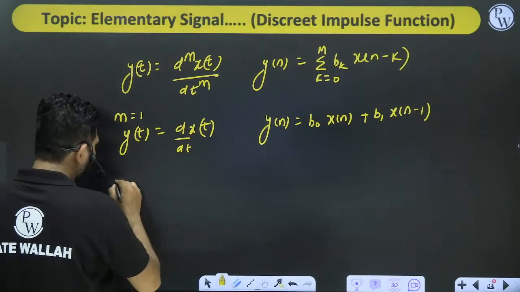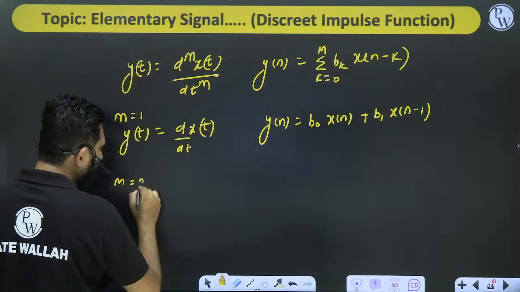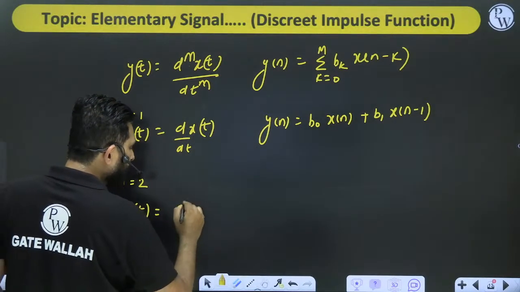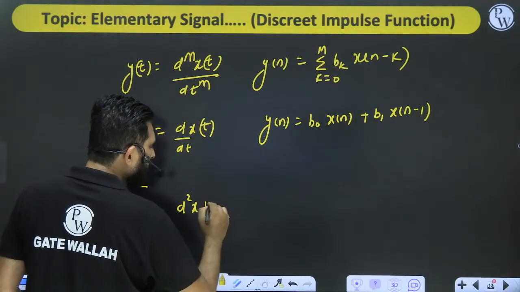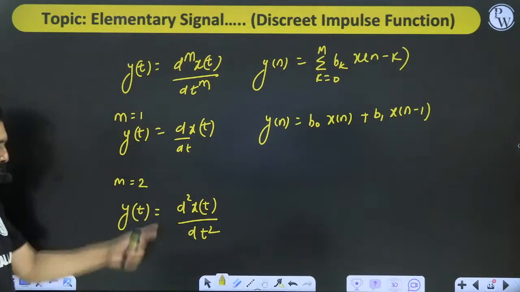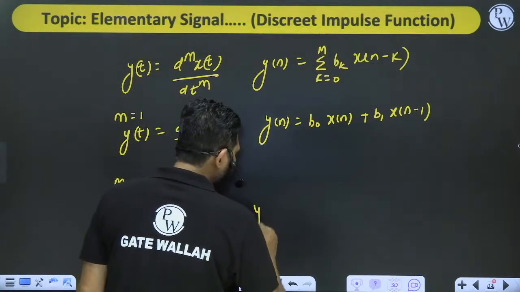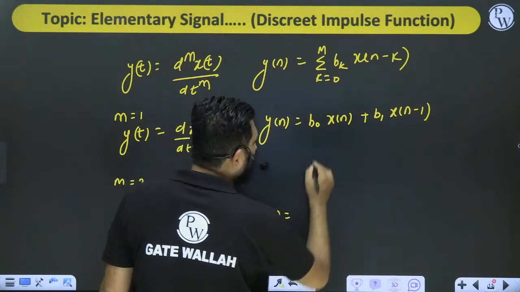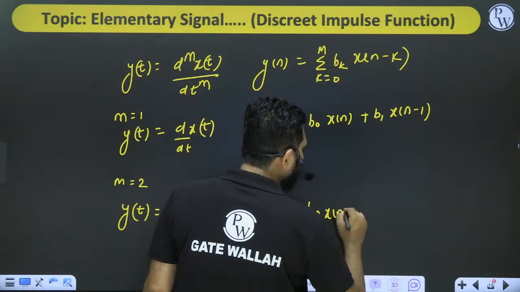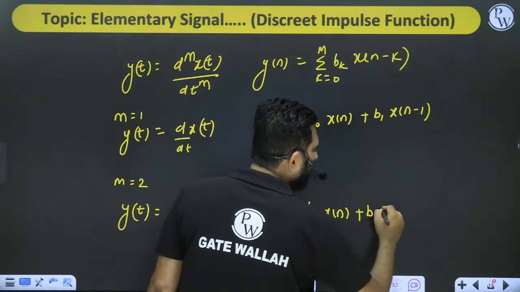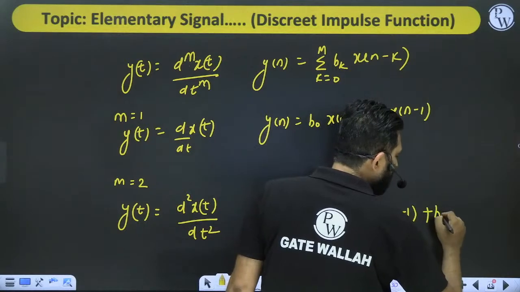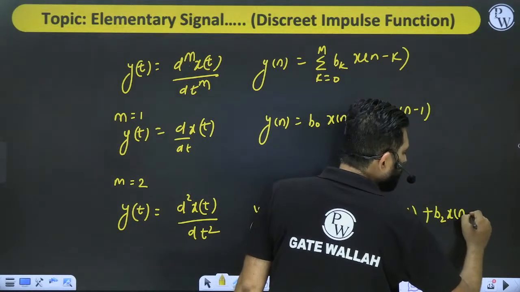Similarly, if I put m equal to 2, then y(t) is equal to d2 of x(t) over dt2, and you will write y[n] as b0 x[n] plus b1 x[n minus 1] plus b2 x[n minus 2].